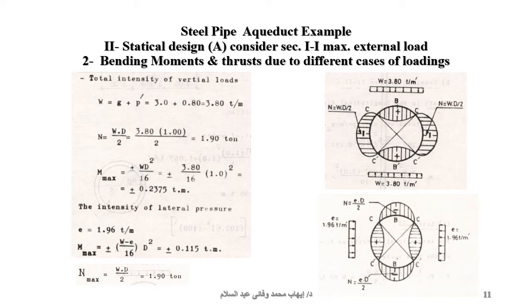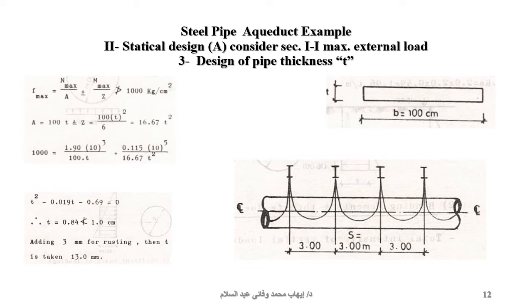There is M maximum and minimum, M maximum positive and negative, 0.115 ton meter. Normal force maximum equal 1.9 ton. That's for section II.